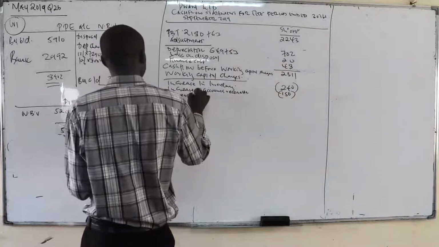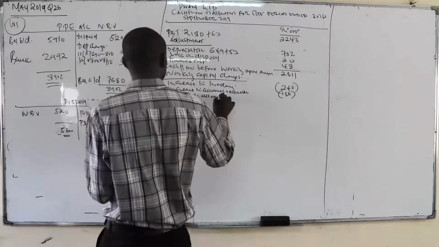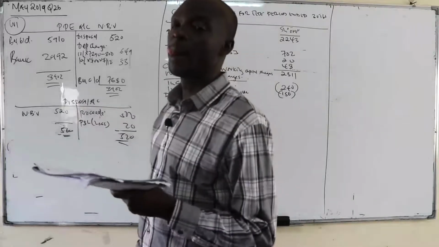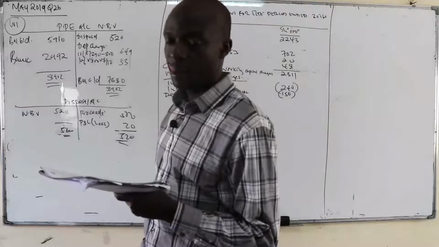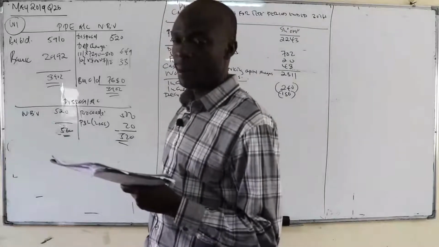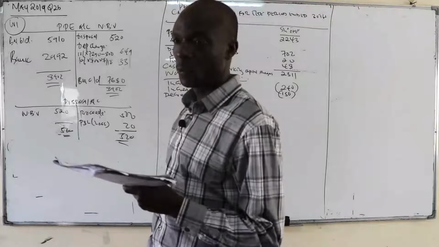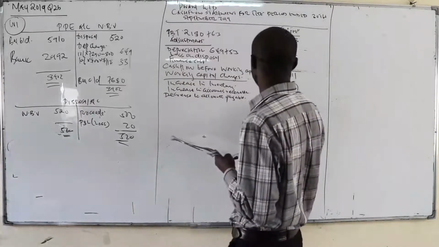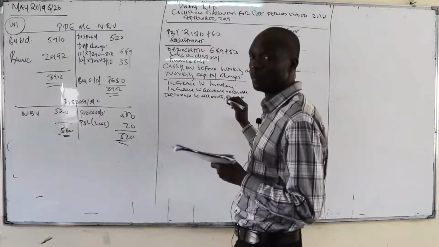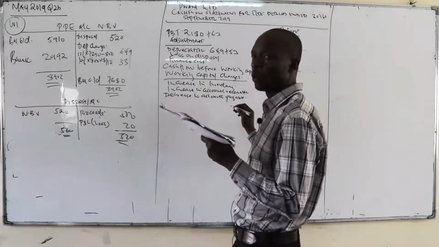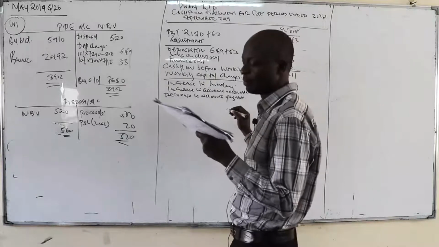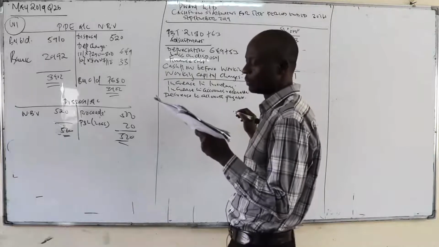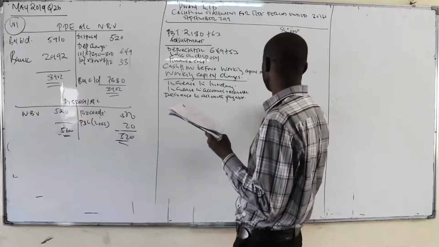Decrease in accounts payable. How much? 42. Outflow or inflow? Outflow. Decrease, isn't it?